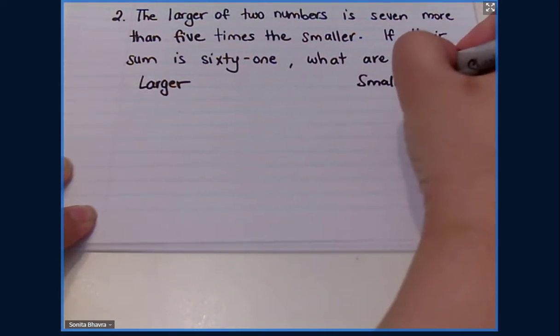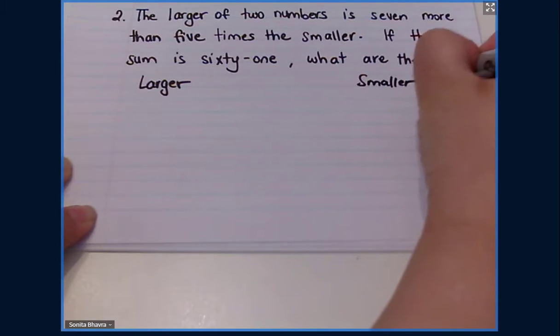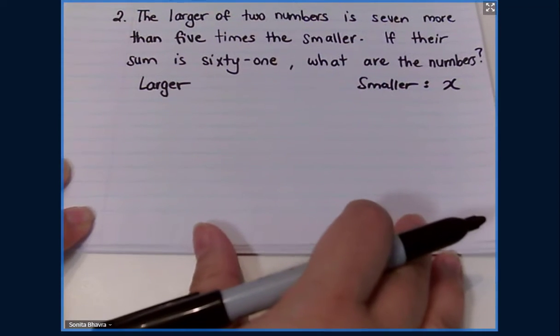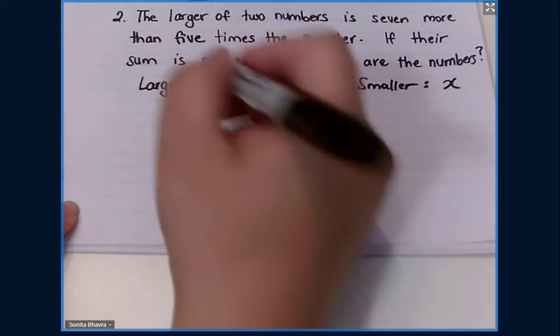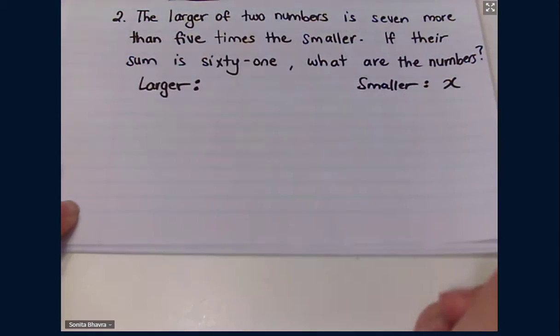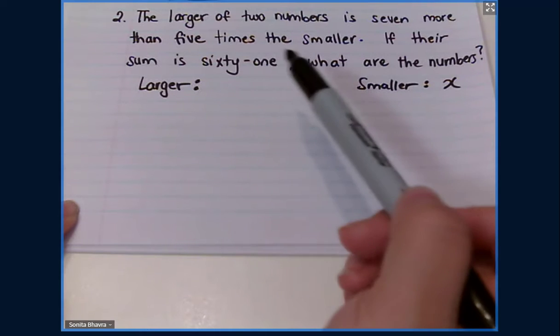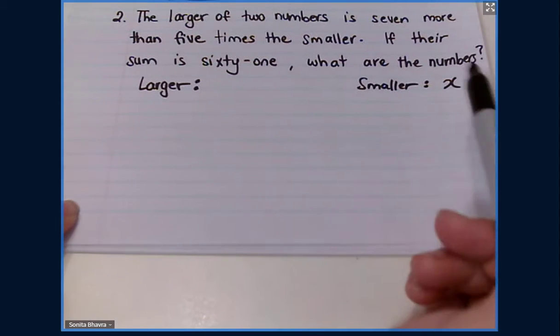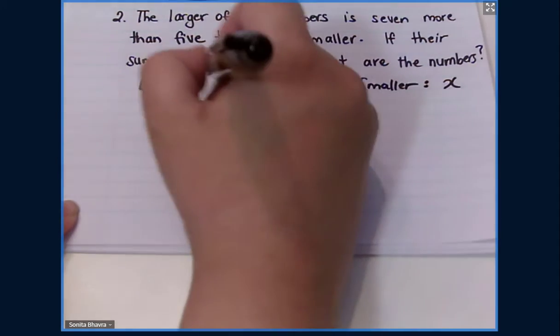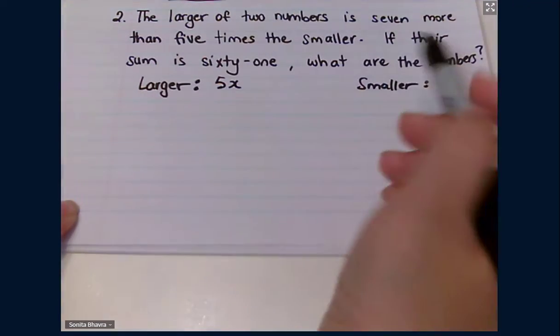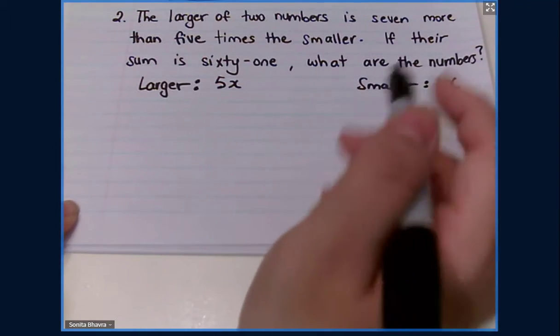So therefore, our smaller number we're going to call x, and for our larger number we have to use what is given here, that it's 7 more than 5 times the smaller. So 5 times will be 5x, and it's 7 more, so plus 7.